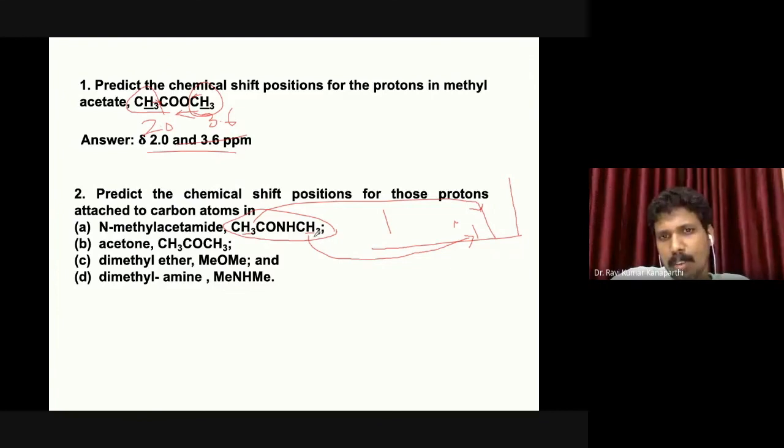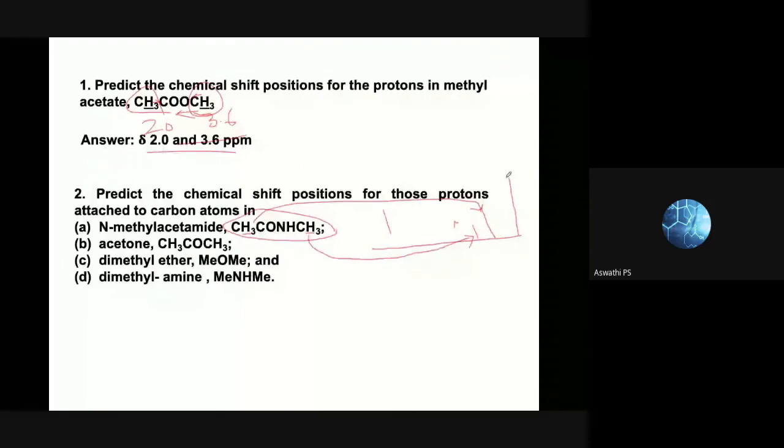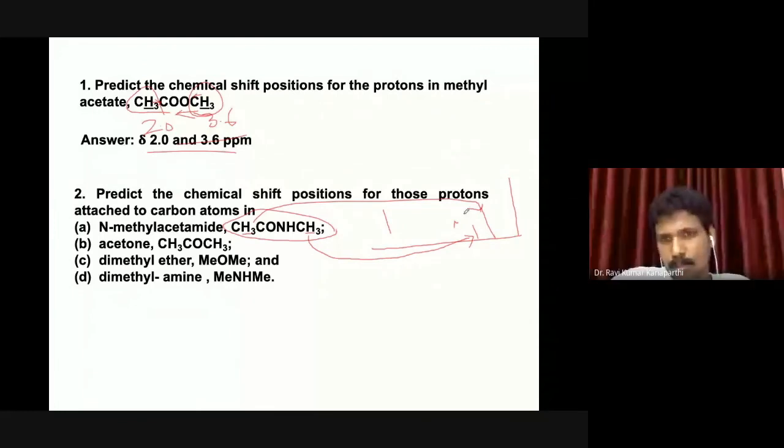Already I told you where the methyl proton should resonate. If it is just an alkyl methyl, it is among 1 to 2. It will not go to 2 unless it is directly connected to the oxygen atom.